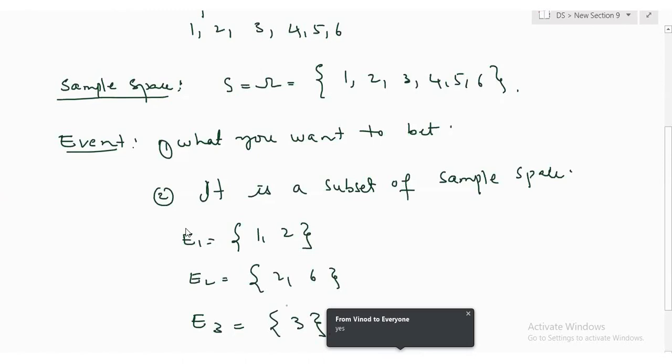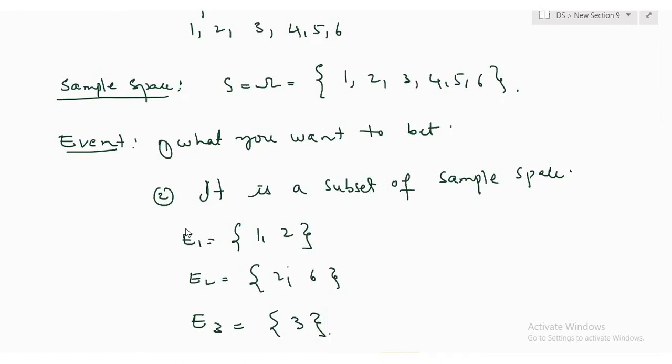So when you win, for example, you bet on 1 and 2, and now 2 came. You say that you won the game or not? So if any of the elements occurs, then you say that the event occurred. When any of the elements of the event is happening, I say the event happened.